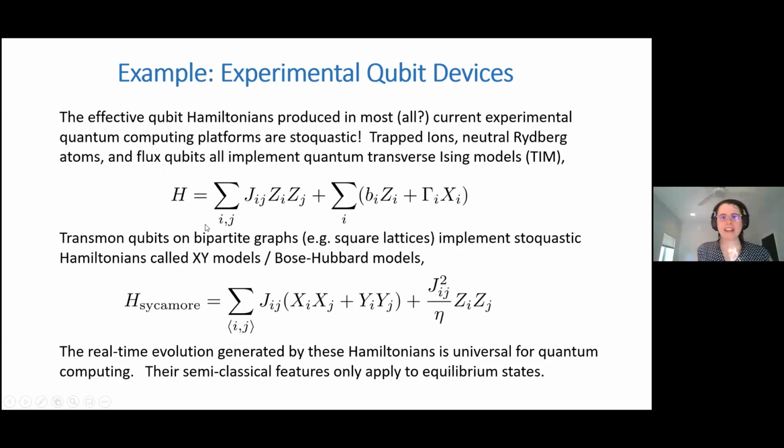And to see that this transverse Ising model is stochastic, you choose the Z basis, the standard computational basis in quantum computing. You see that the ZZ part is on the diagonal, the Z part is on the diagonal, and the off-diagonal terms only come from the X_i.